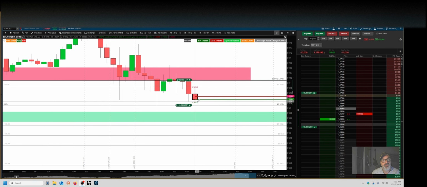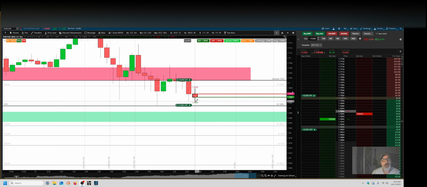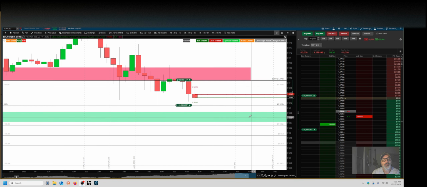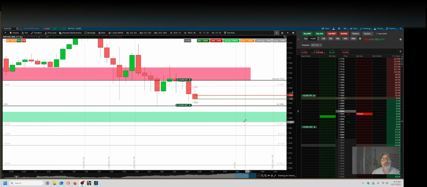So it looks like we had strong sellers come in. We're right at the low of this candle. We're matching the low here. All right, so a bunch of buyers just came in. Now the sellers are back. Spread is getting a little wider though.